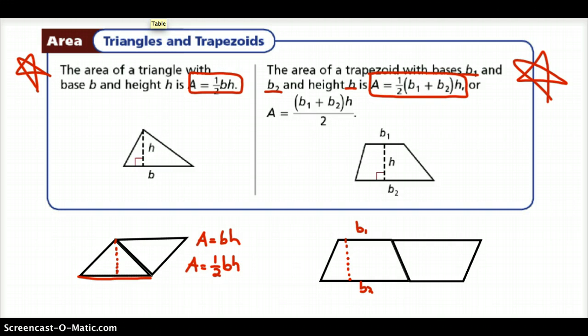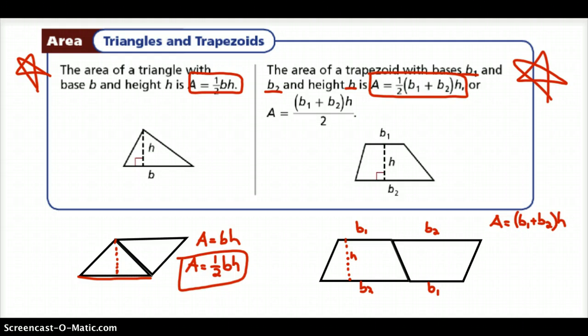If we're finding the area of this particular parallelogram, I could say this could be base 2 because I flipped it over, and this would be base 1. So the area equals base 1 plus base 2, the sum of those two things, multiplied by the height.